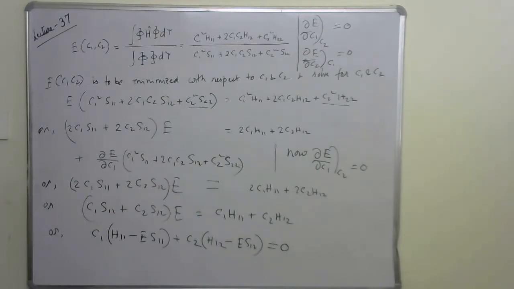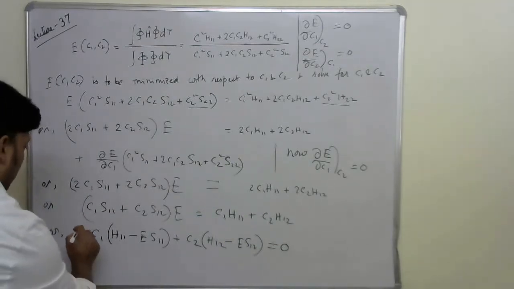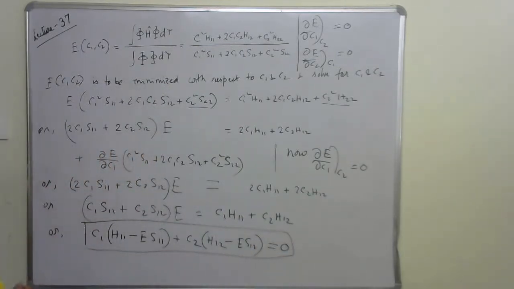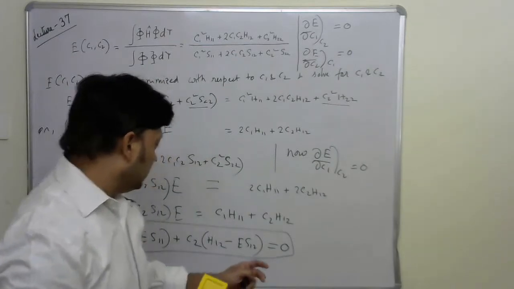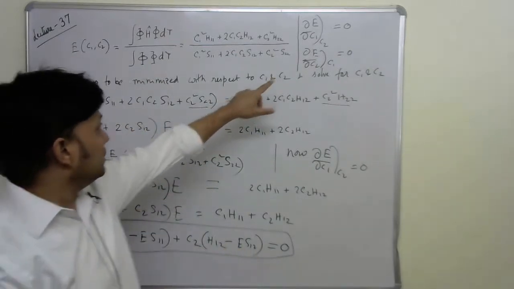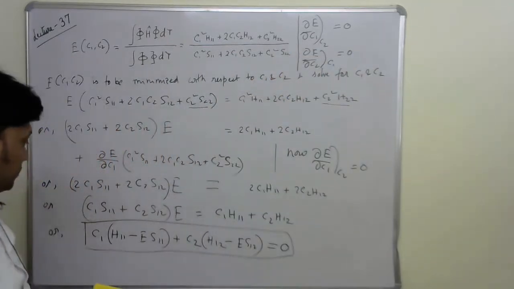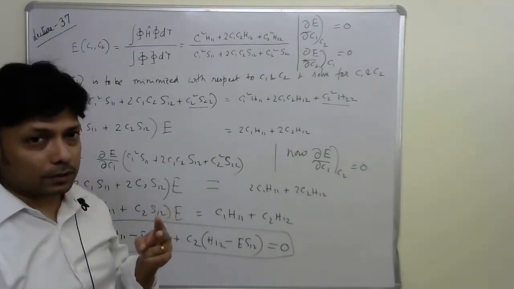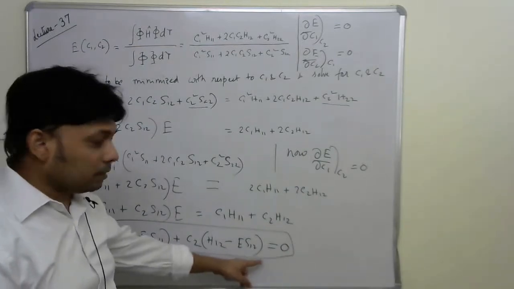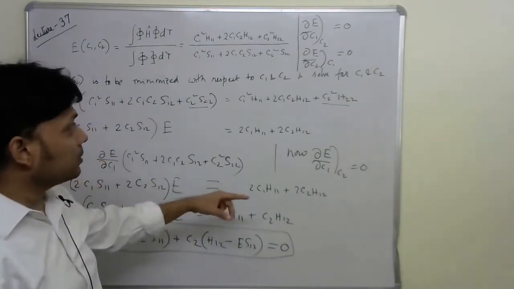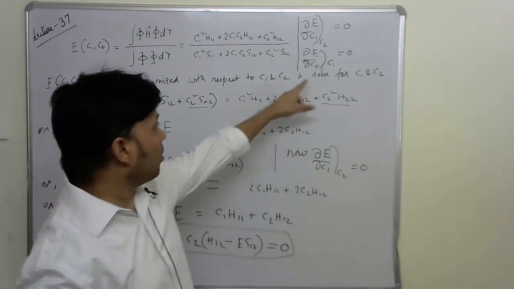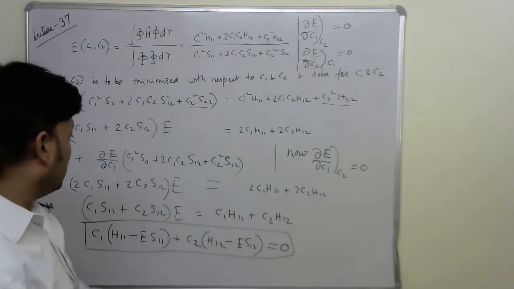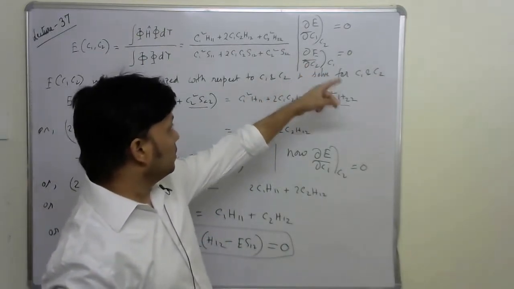Okay, so here I have one equation that I got by setting del E del C1 equal to 0. But remember, we have two unknowns, C1 and C2. We have to solve this. So this is one equation. We have to find another simultaneous equation from this relationship, del E del C2 equal to 0.